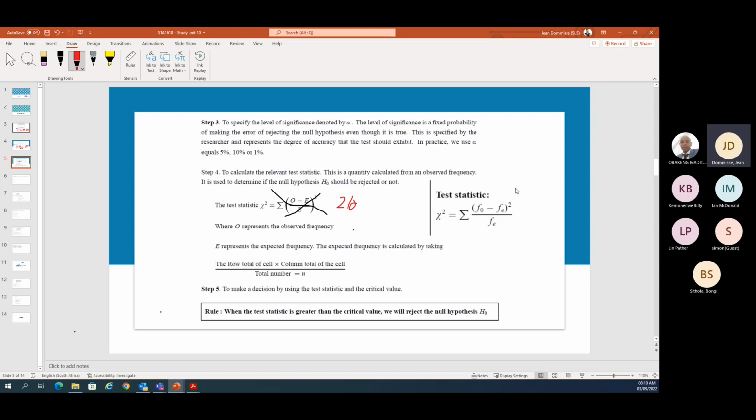So on page 210 of that extra study guide, that is wrong. Your equation should be my observed value minus the expected value, the square of that, divided by the expected.